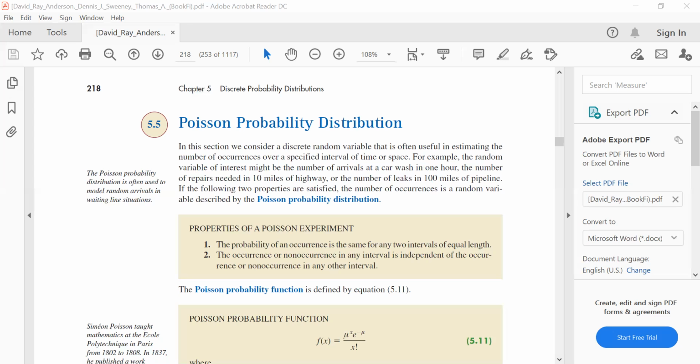Now we will consider some more real life examples to see how Poisson probability distribution can be applied.